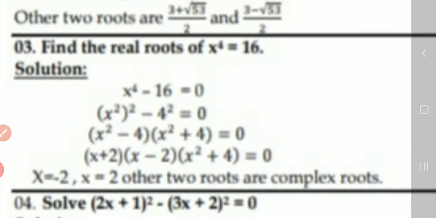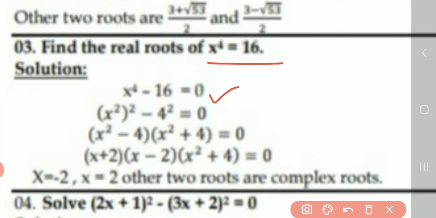The next problem: find the real roots of x⁴ = 16. Take this 16 to the left hand side. So we get x⁴ − 16 = 0. This x⁴ can be written as (x²)², and this 16 can be written as 4².